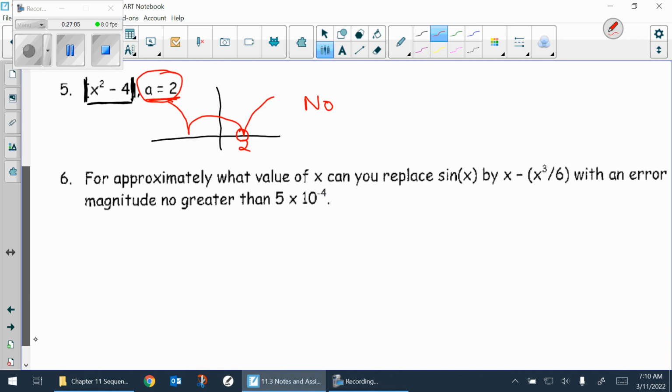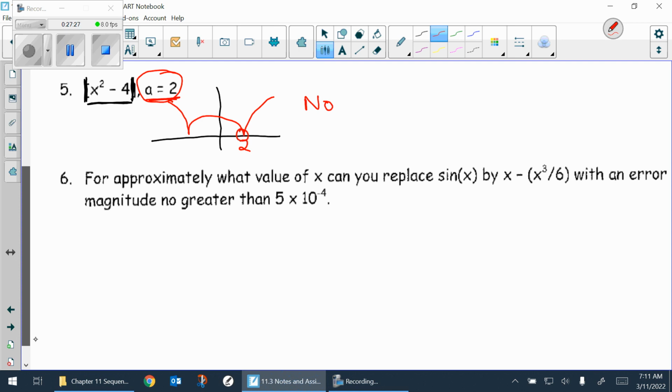And the final one we're going to do before we get going on our assignment, and the assignment is a lot of review stuff from the first couple of sections for the first 4 problems, and the final 4 problems deal a little bit more with the remainders. But question number 6.